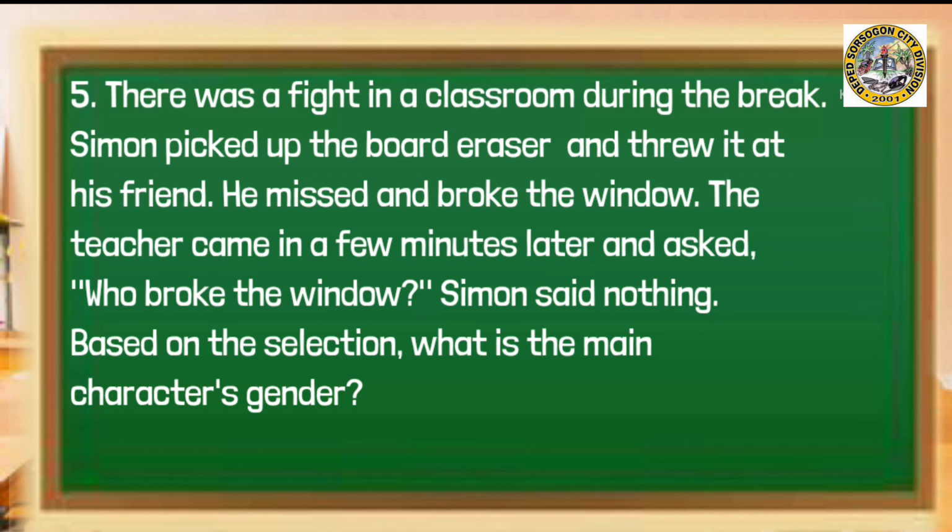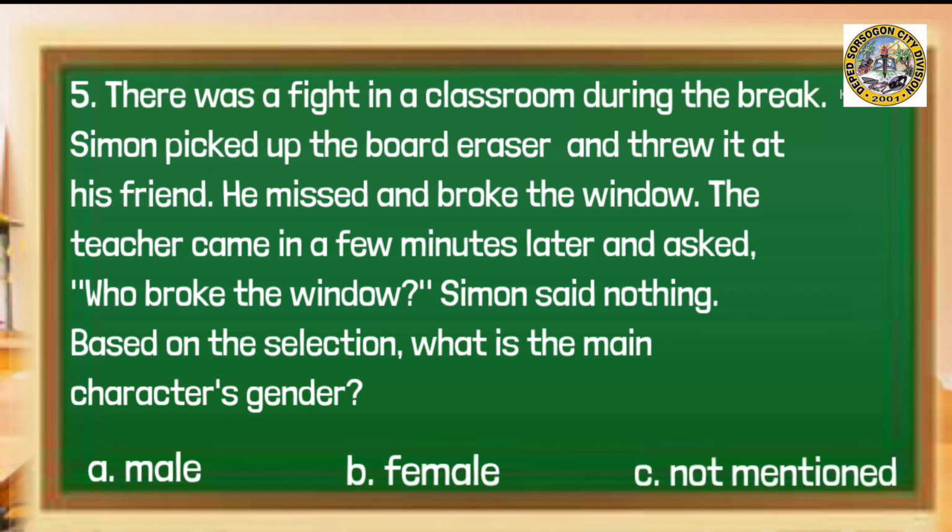The teacher came in a few minutes later and asked, "Who broke the window?" Simon said nothing. Based on the selection, what is the main character's gender? Letter A, male. Letter B, female. Letter C, not mentioned.